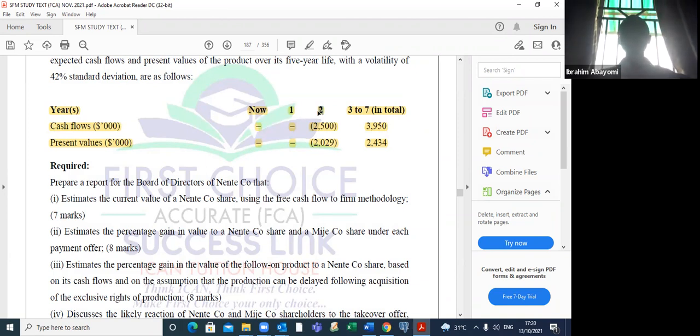So we have delayed it for 2 years. We start at the end of year 2. So the manufacturing of the product can be delayed for 2 years. That is what it means.